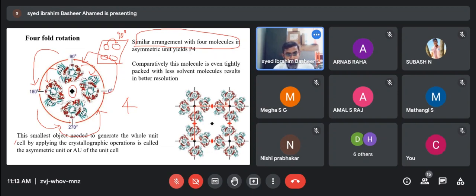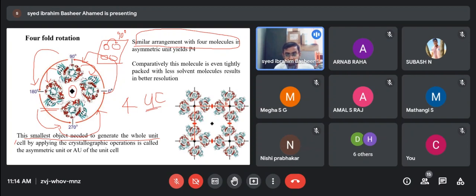Here, the smallest object needed to generate the whole unit cell. I want to have four molecules in the unit cell, right?